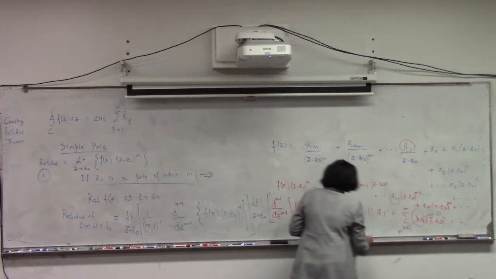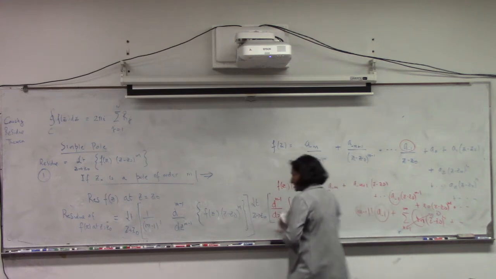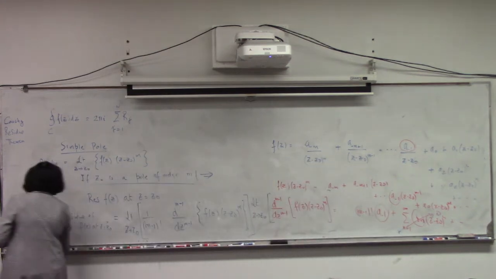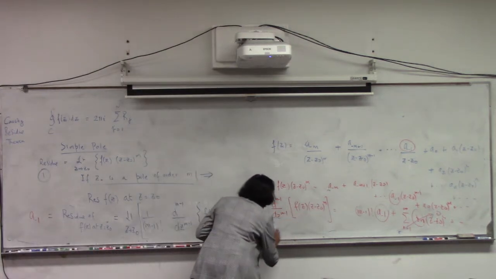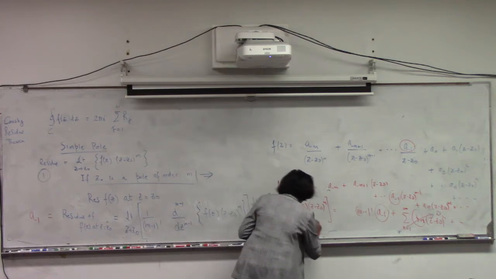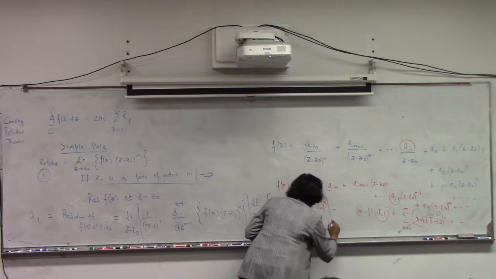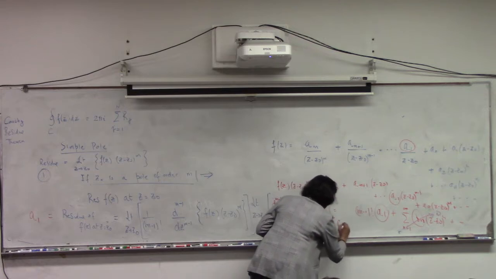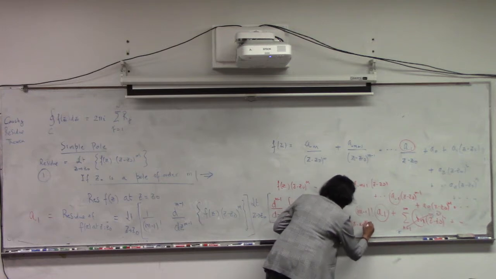So that's why a minus 1, which is the residue, is nothing but 1 over (n minus 1) factorial of this whole thing: the (n minus 1)th derivative of the original function multiplied by z minus z naught to the power n, where the singularity is of order n.